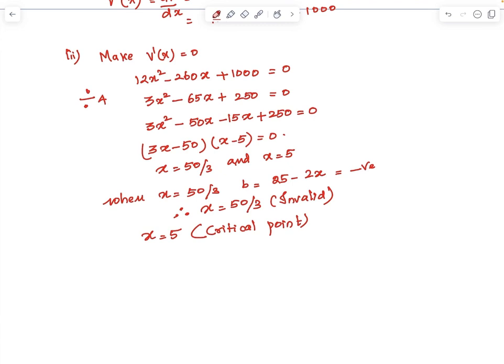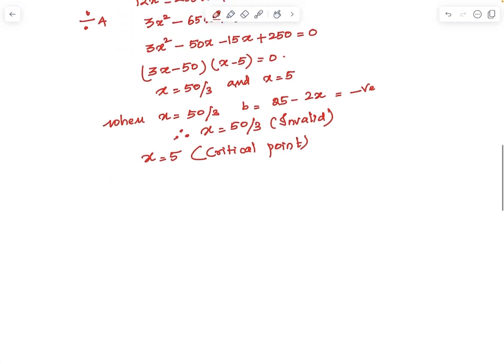So at this critical point, we have to figure out whether we will get a maximum volume. For that, again, let's differentiate the volume function with respect to x.